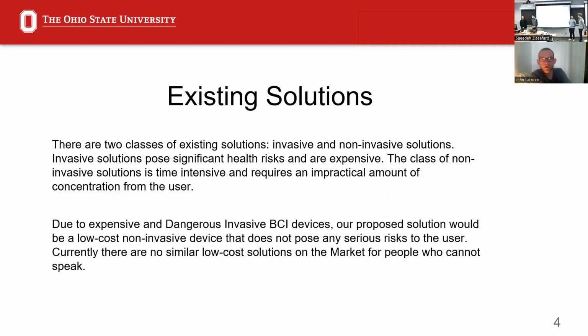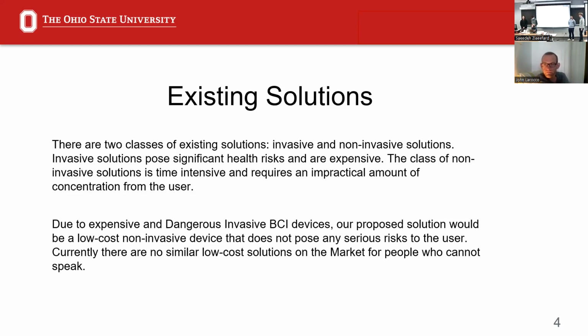Some existing solutions are, the first one that I found was called a P300 speller. It uses EEG to allow a user to spell out a word. This isn't a perfect solution. It takes a lot of time to spell out a word and leads to a lot of fatigue with users.